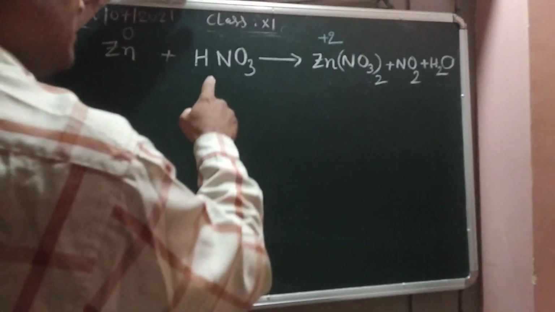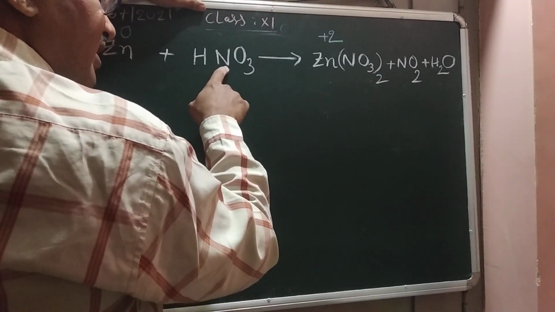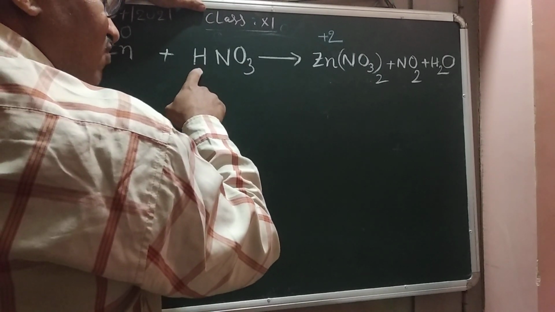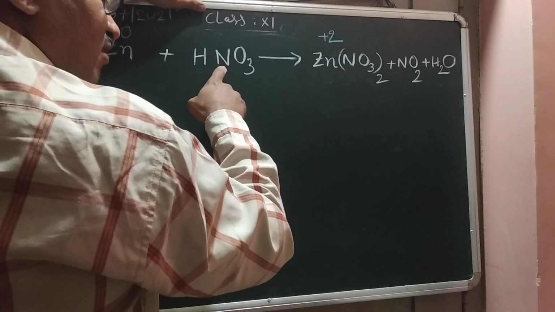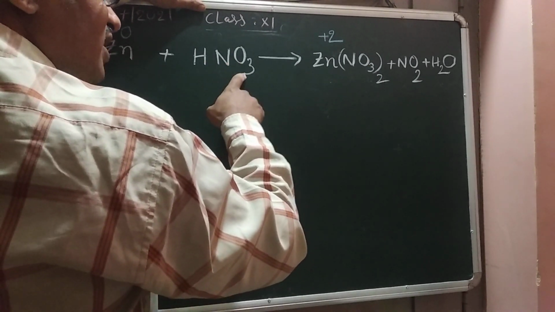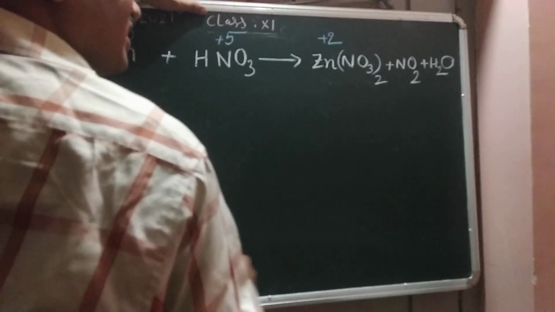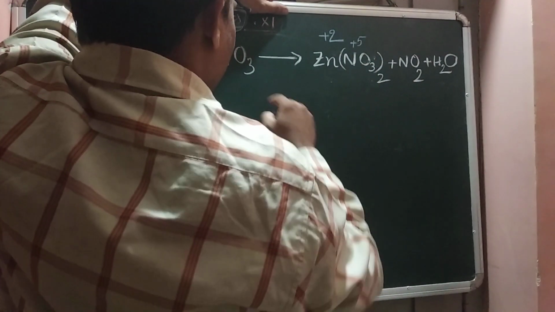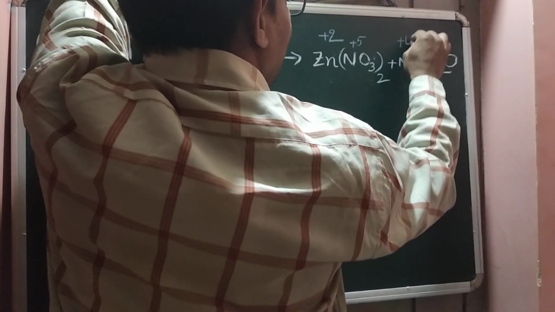In HNO3, hydrogen +1, nitrogen X, oxygen -2 times 3 is -6. +1 plus X minus 6 equals 0, so X equals +5. So nitrogen oxidation state is +5 here. Here also NO3, so nitrogen oxidation state is +5. And in NO2, nitrogen oxidation state is +4.